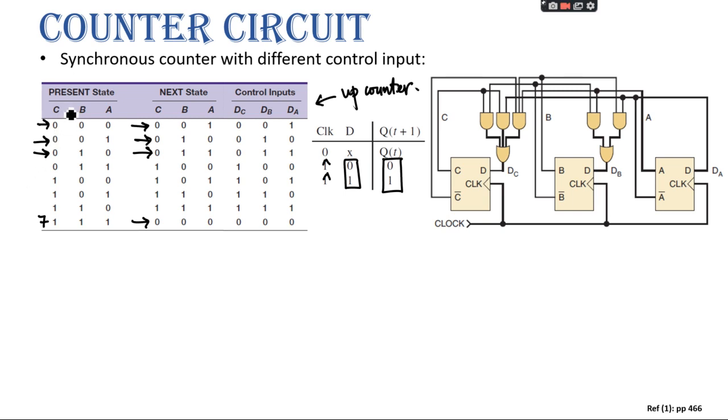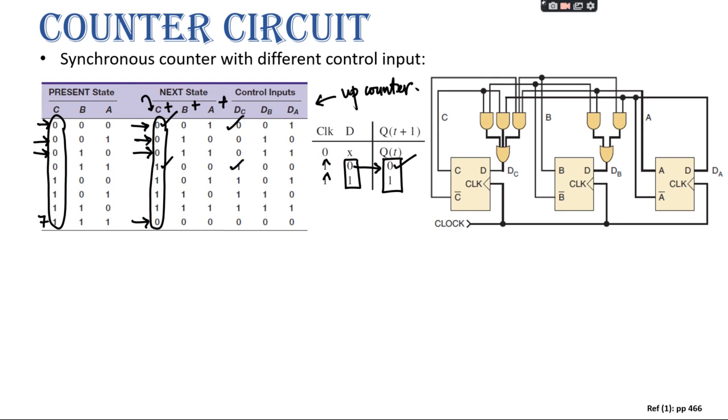Now we need to design that with the D flip-flop. So when you have this table, we just need to compare C with the C plus. But for D flip-flop, what is interesting is that you always need to see what is in the next state, because if you need 0, your input should be 0. When you need 1, your input should be 1, because for D flip-flop, whatever you put as an input, this will come as an output.